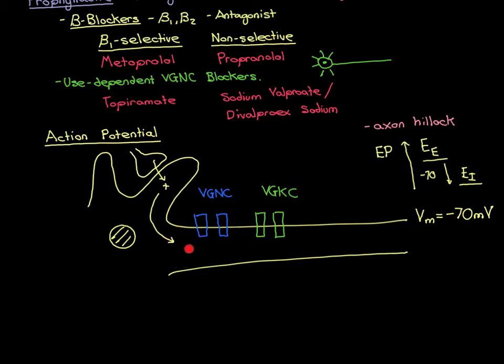It's going to result in the increase in the electrical potential intracellularly in this axon hillock region. So now the electrical potential over here is going to be raised. And again, you can imagine on this graph, this is going to go up. So in the axon hillock region, this is going to result in depolarization of the electrical potential difference across the cell membrane at the axon hillock.